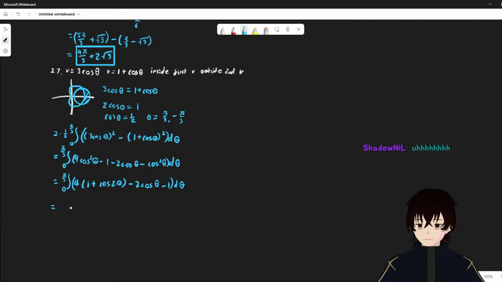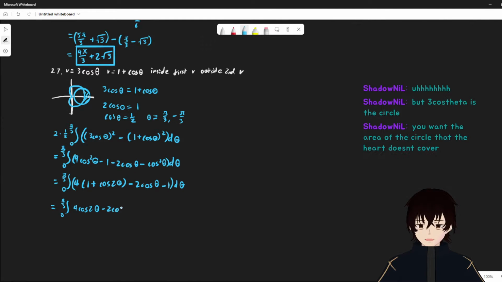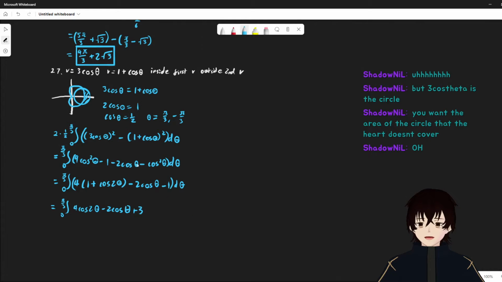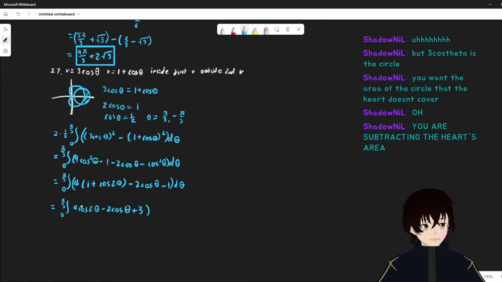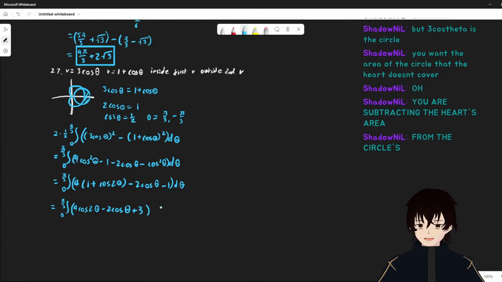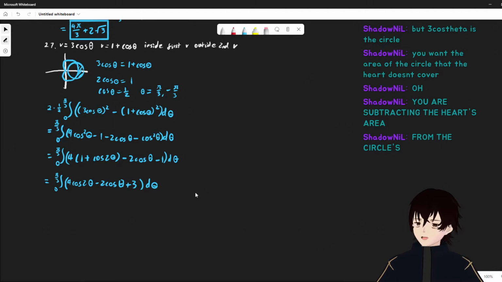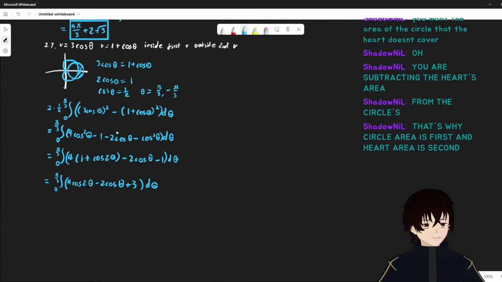Which is equal to integral from 0 to pi over 3 of 4 cosine 2 theta minus 2 cosine theta plus 3. Yes, we want the part of the circle that the heart does not cover. Subtract the area of the heart from the area of the circle. It looks so confusing at first glance, but then it makes sense.